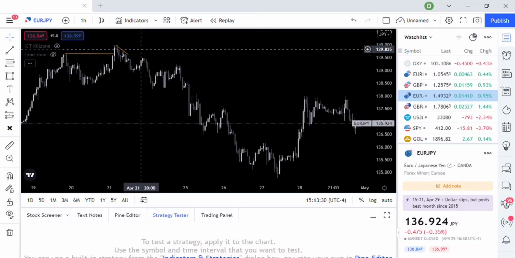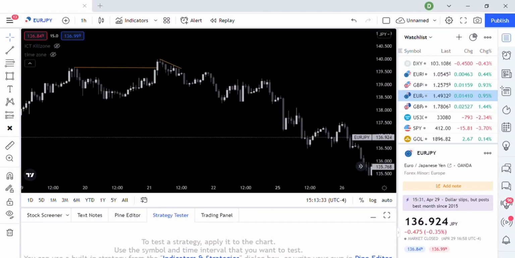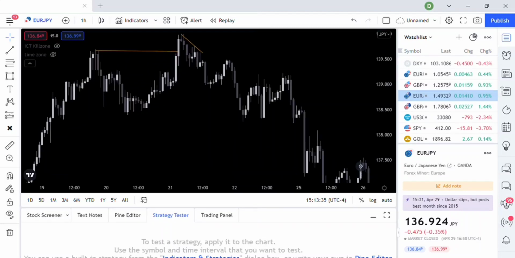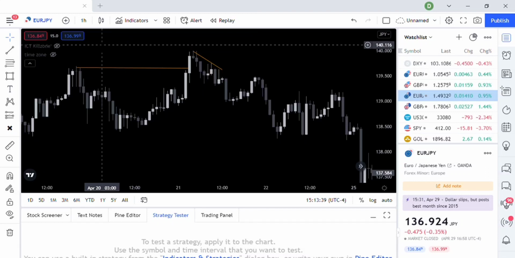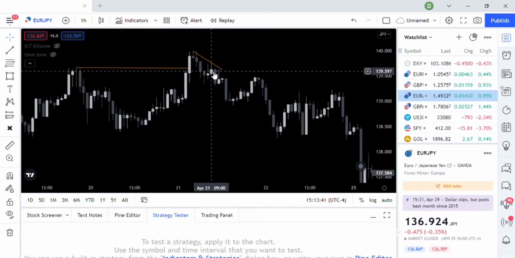Now, let's zoom in on this part real quick for y'all. The question is, how do you know automatically that price is not going up? Because when you look at this, you're not really going to know that. How will I know that price is guaranteed to go down? It's an anticipation.